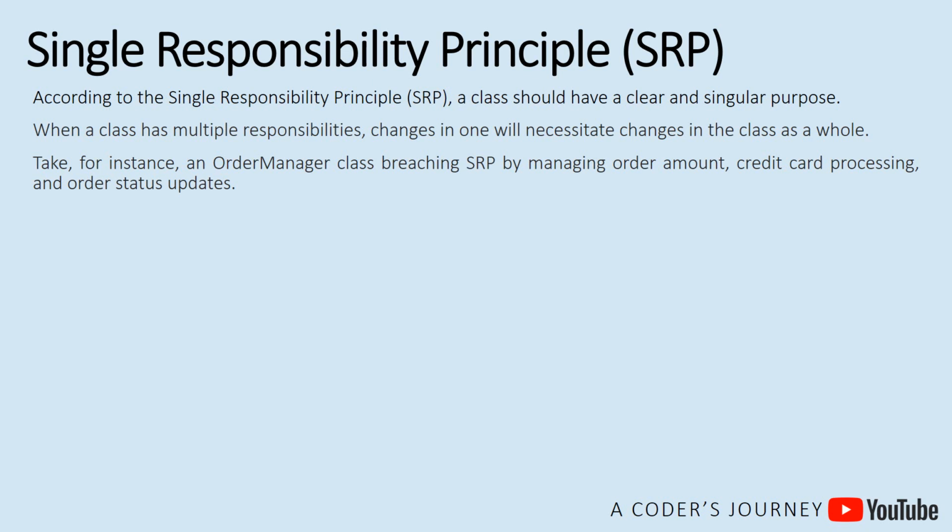So it is responsible for 3 different tasks, right? This means that whenever I want to change something in the order amount functionality, chances are I will have to make other changes in other parts of the class, for example, the parts responsible for credit card processing or order status updates. So more than one responsibility is a very bad idea.